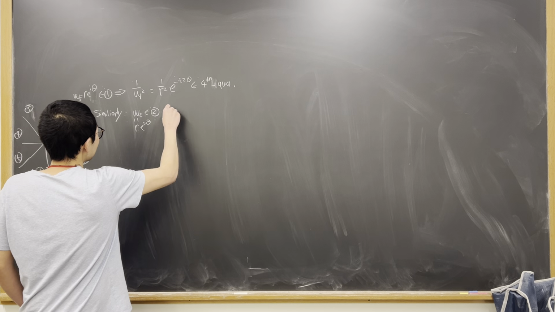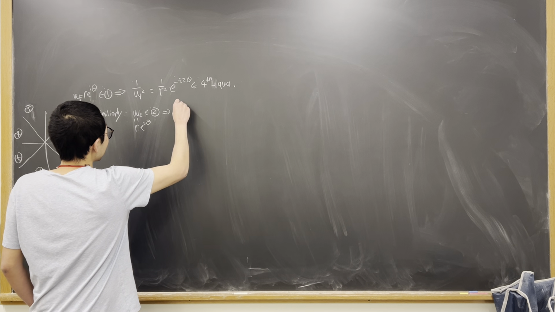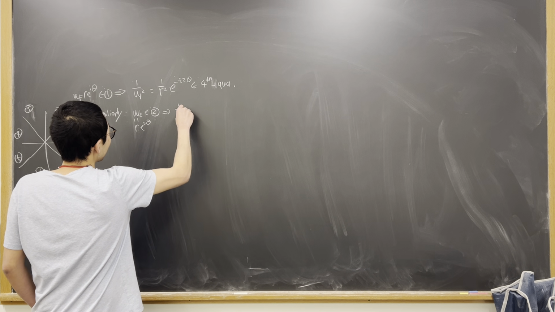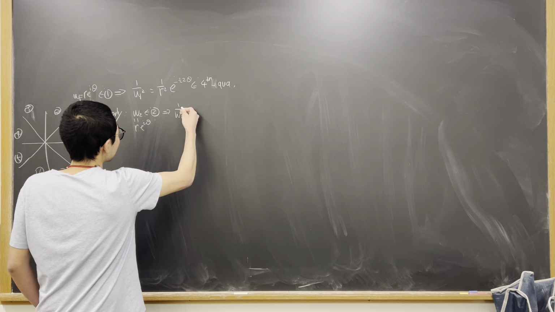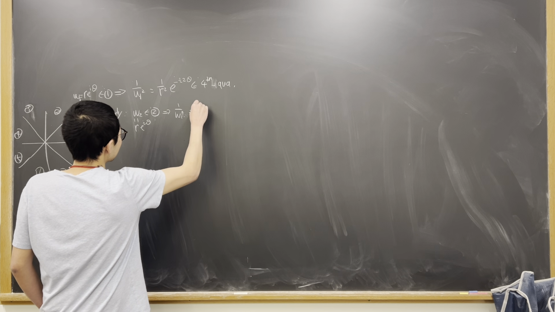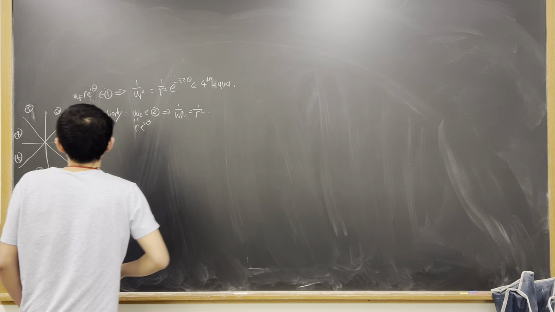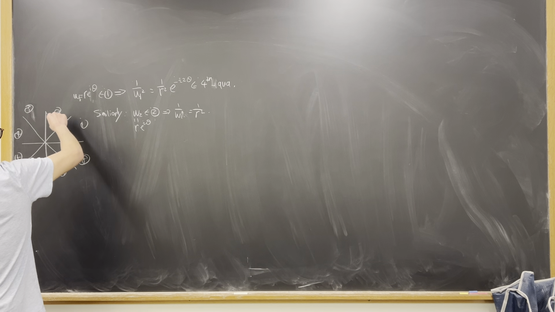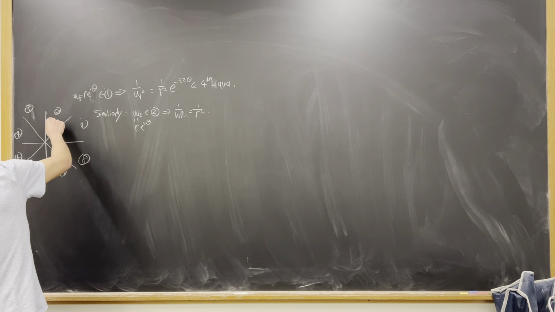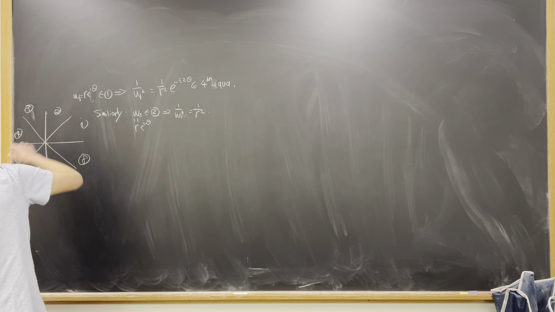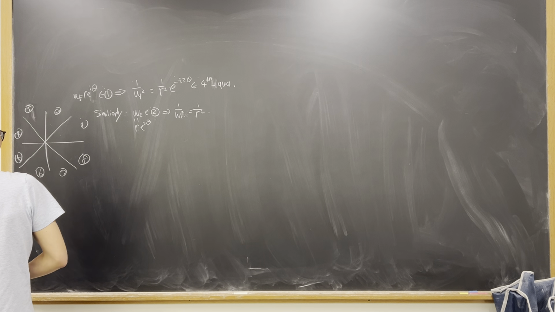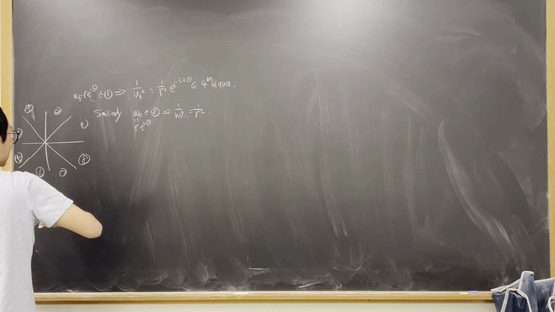This implies that 1 over omega squared is equal to, so basically I square it, so it lies in the third quadrant.